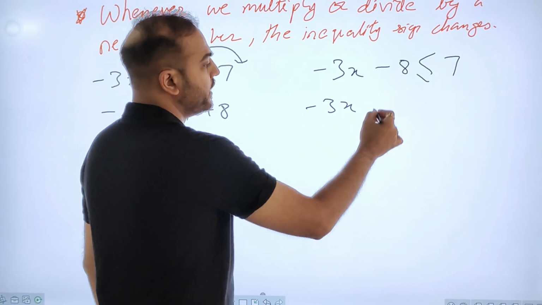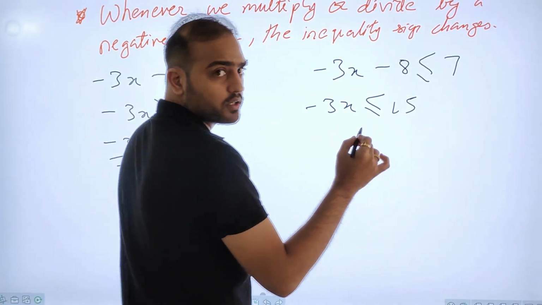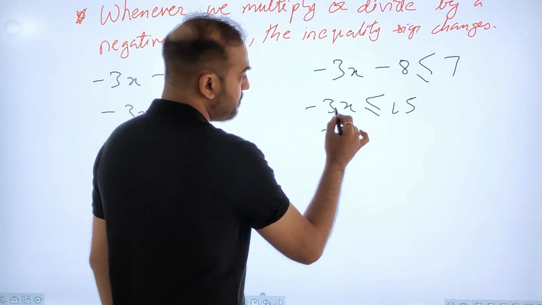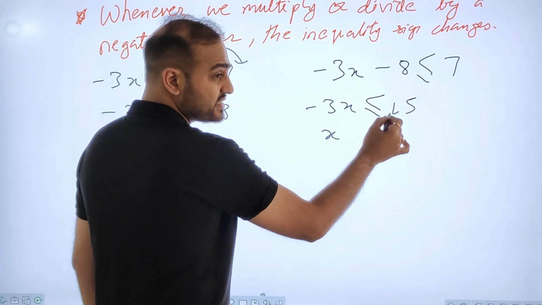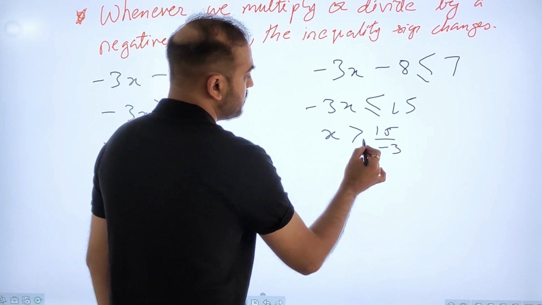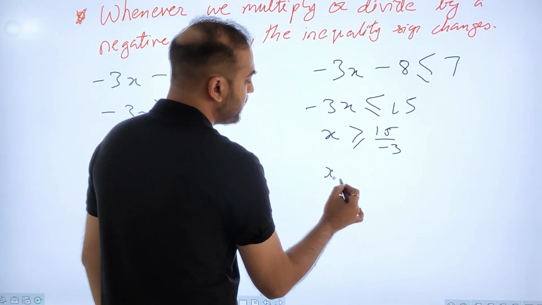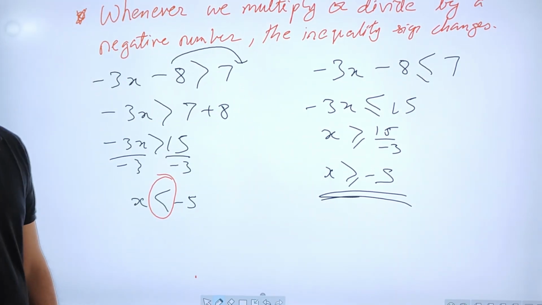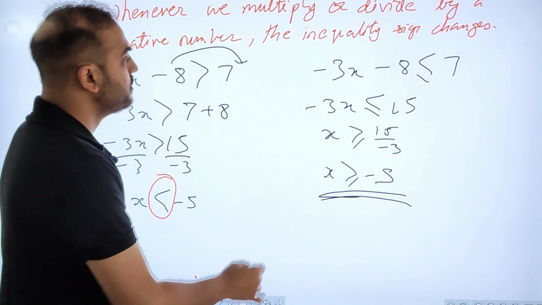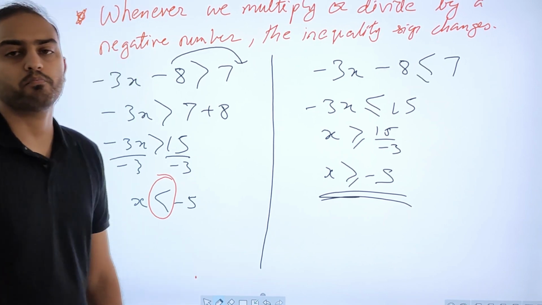Minus 3x, the 8 goes there, less than or equal to 15. Minus 3 goes there, 15 by minus 3, the sign changes. We get x greater than or equal to minus 5.